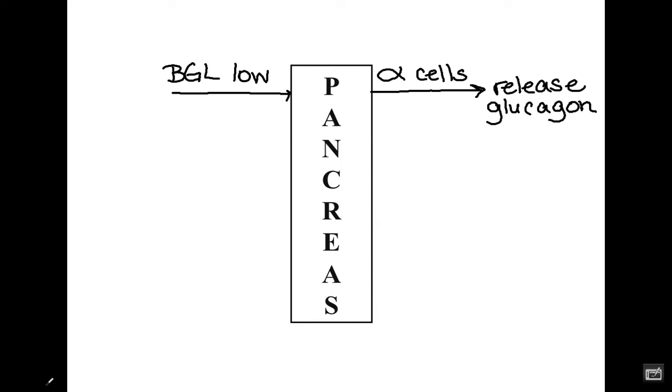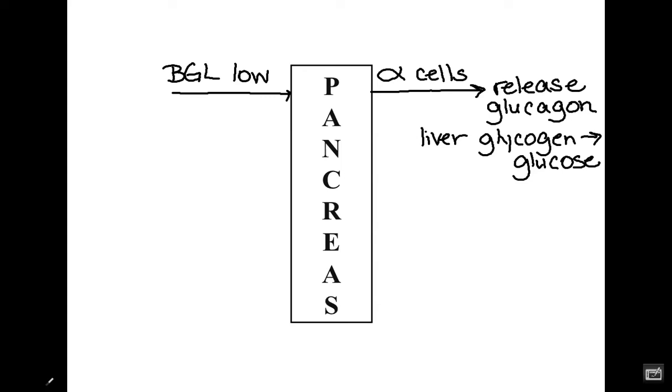And what that does is it makes the liver change our glycogen, which is our stored glucose, into glucose that can go into the blood. So we get this stimulus that is detected in the body, and then we get a response that is negative feedback.